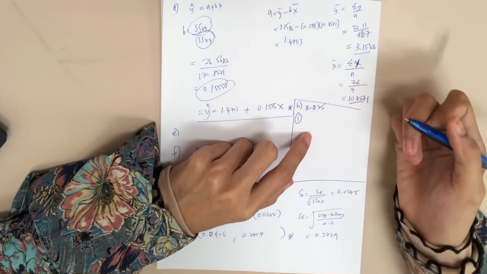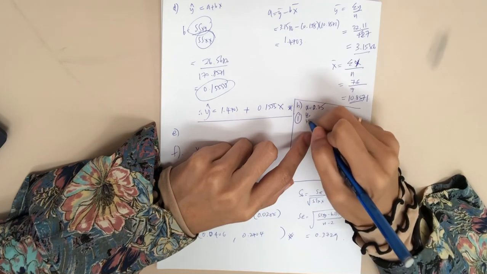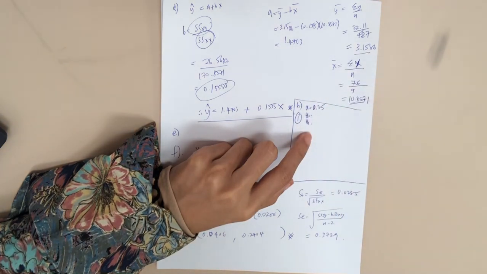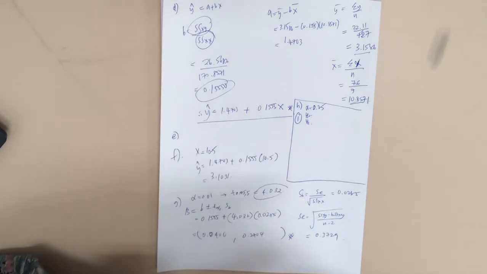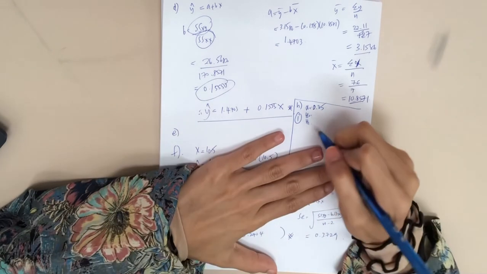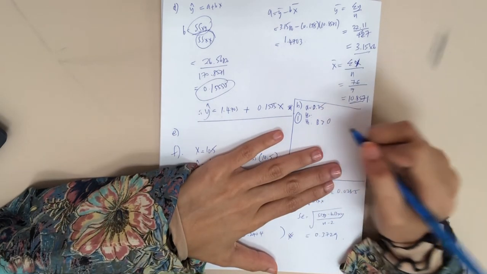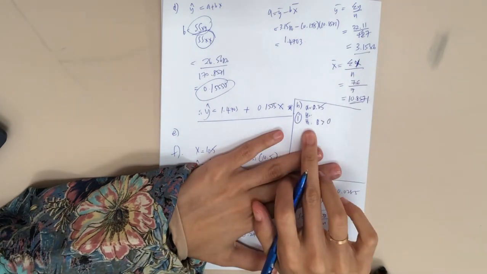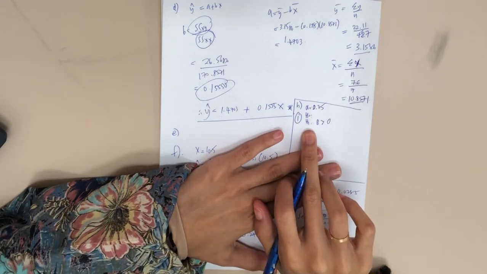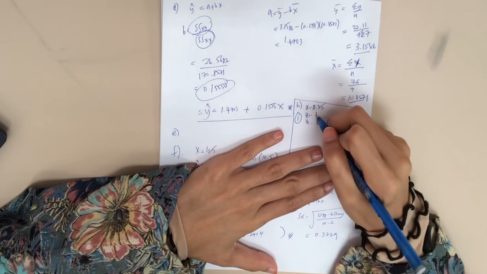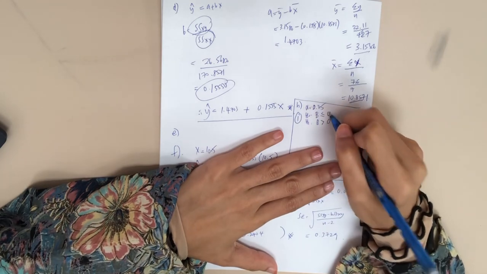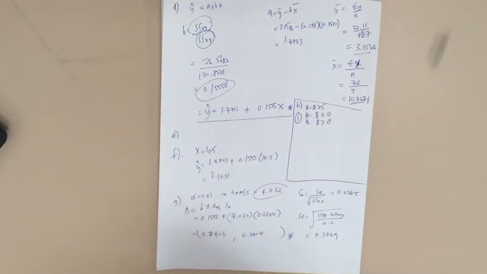Step 1 is to write down the H0 and H1. Test at the 2.5% significance level whether B is positive. B is positive, which is B is greater than 0. So this is the H1. Automatically your H0 will be B less than or equal to 0. So this is your step 1.